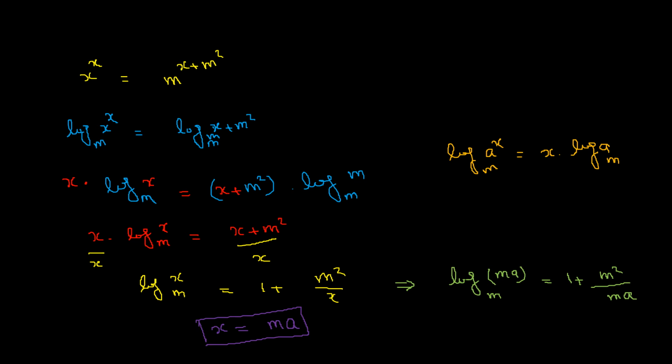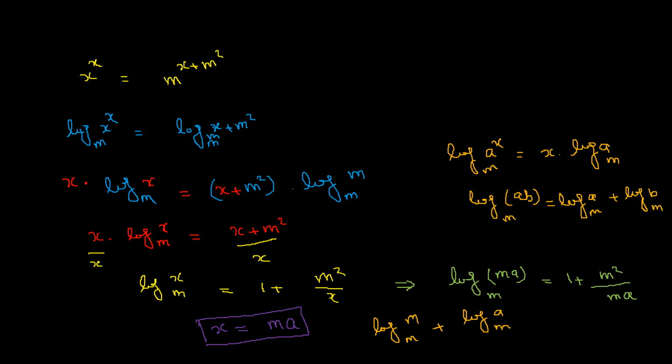And here we use the product rule of the logarithm, that log of ab with base m is equal to log of a with base m plus log of b with base m. By using this, we get log of m with base m plus log of a with base m, and that will be equal to 1 plus m over a.